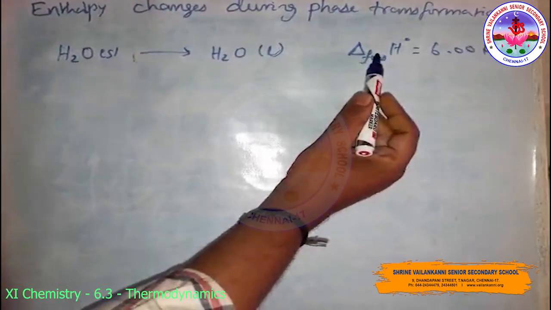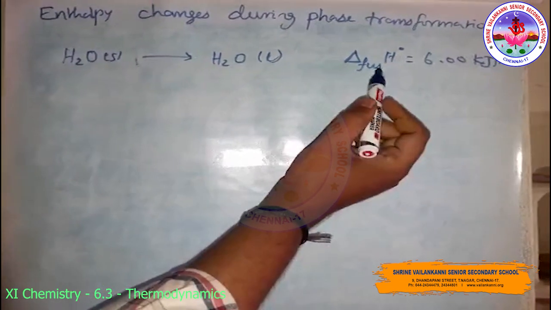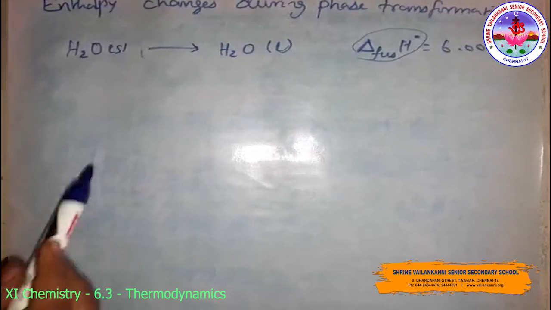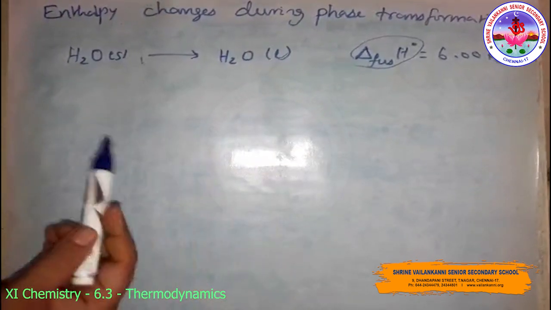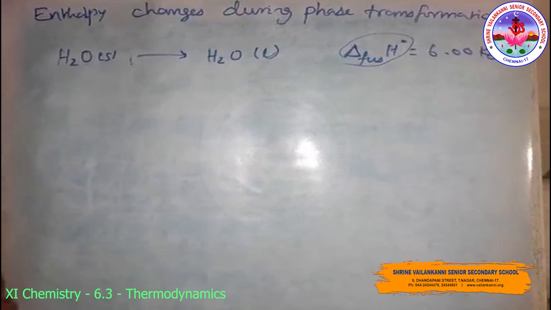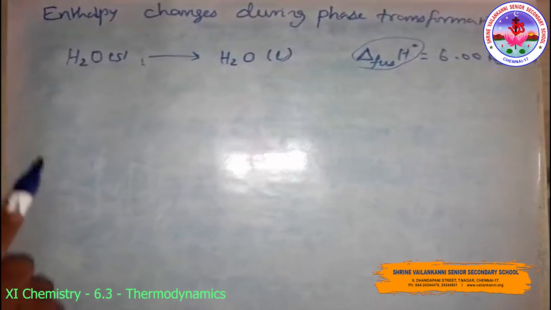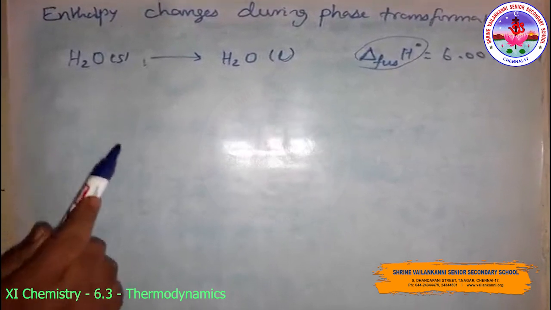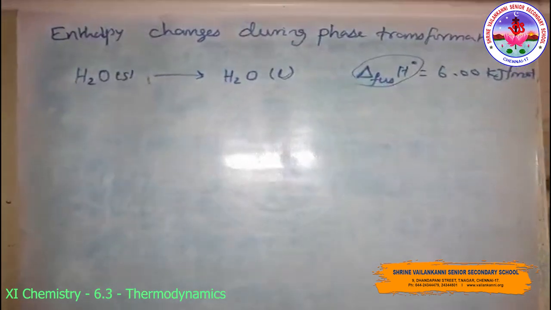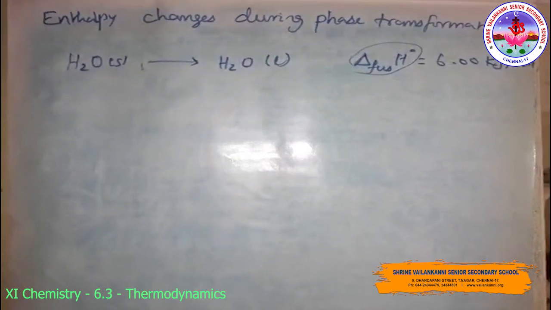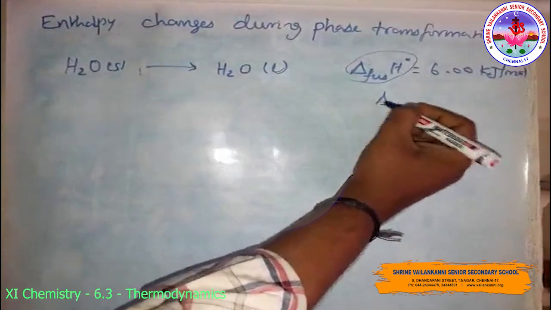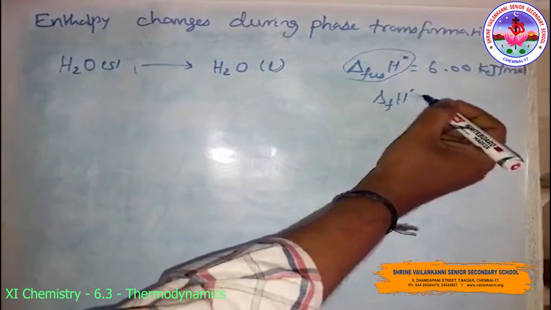If water freezes, the process is reversed and an equal amount of heat is given up to the surroundings. The enthalpy change that accompanies melting of 1 mole of a solid substance in its standard state is called standard enthalpy of fusion or molar enthalpy of fusion. The melting of a solid is endothermic, so all enthalpies of fusion are positive. Here delta H fusion is positive.